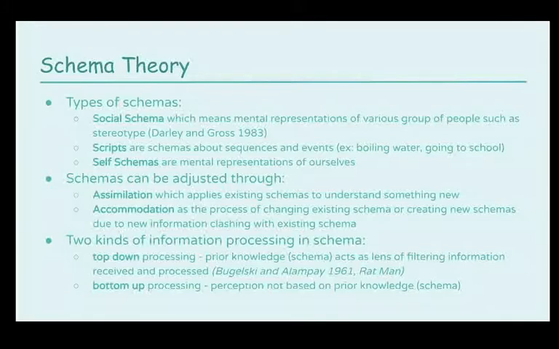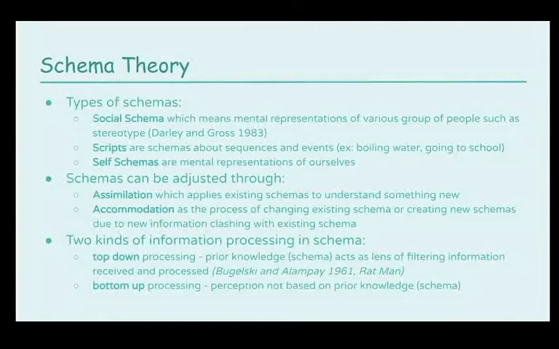Basically, when you have an existing schema and then you have new information which clashes with it, you would try to accommodate by creating another new schema that makes sense for the new information and for your previous schema, or you try to alter your existing schema so that it fits the new information.